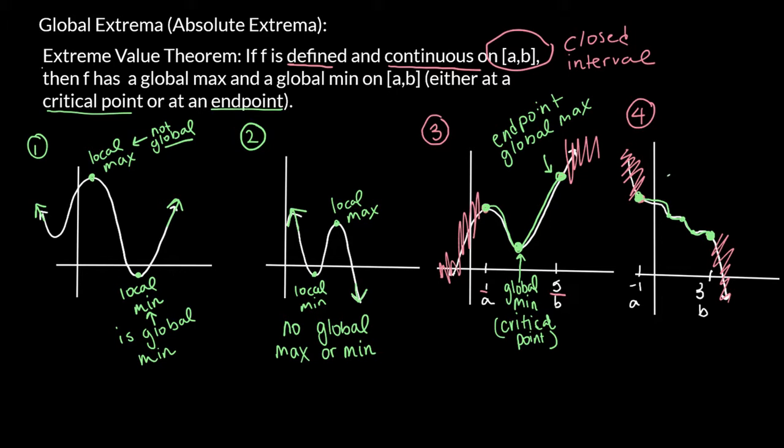And here is the highest point on the graph, so that is the global max. And then here the other endpoint is the global min. So it is possible for both of these points to be endpoints. Or, as in example 3, it's possible for one or more of them to be one of the critical points. On a closed interval, we can always find a global min and a global max.